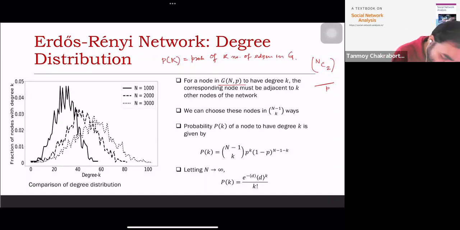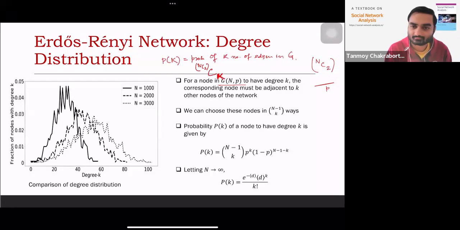So you're basically saying that out of this many experiments, what's the chance that k experiments are successful? So it is NC2 choose k, P to the power k, 1 minus P to the power NC2 minus k.